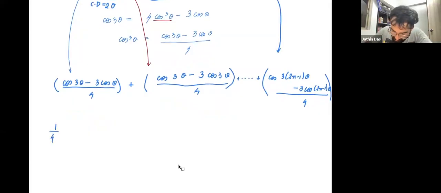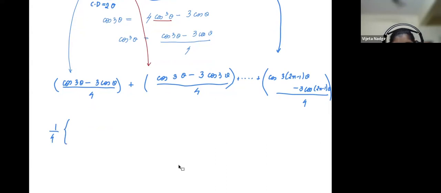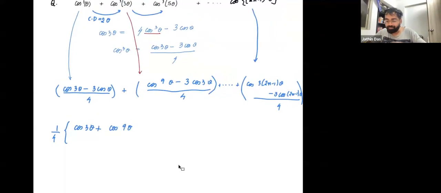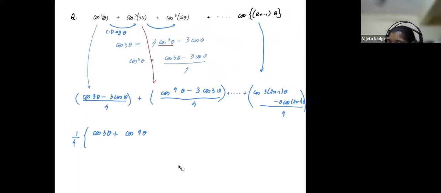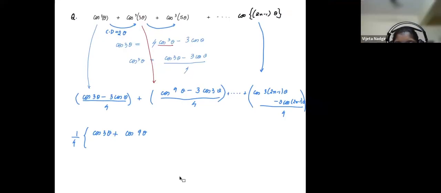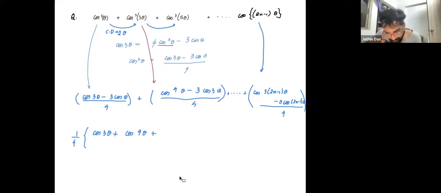Now see, you will get a series like this: cos 3 theta, cos 9 theta, and so on.